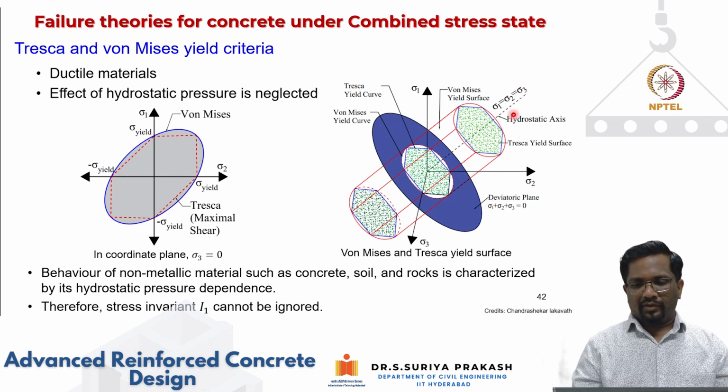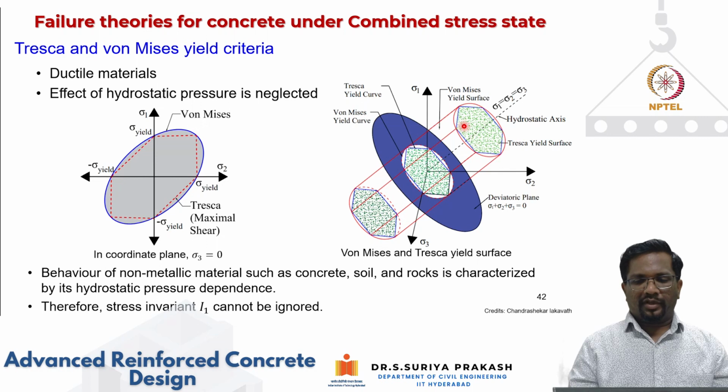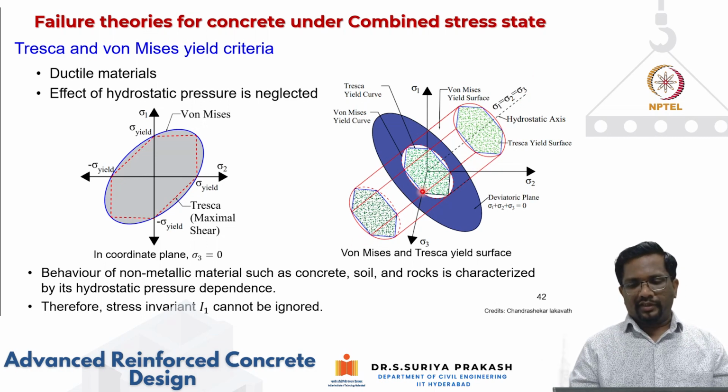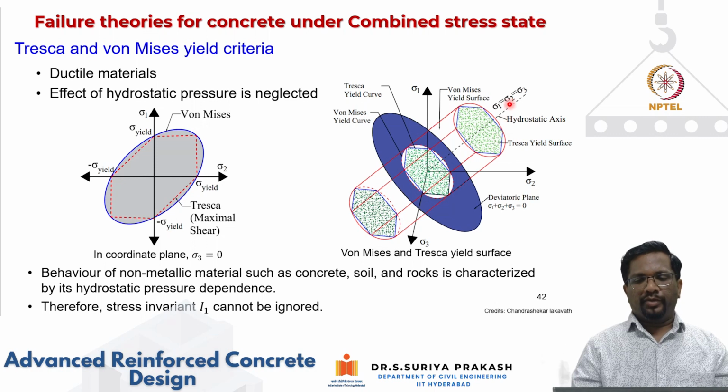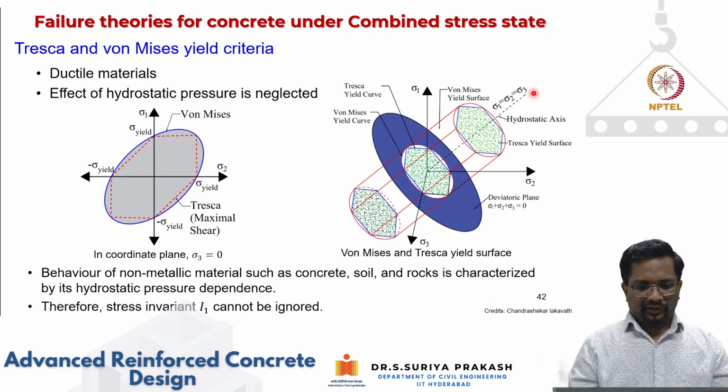Along the hydrostatic axis, the Tresca yield surface is a symmetrical hexagon, and the von Mises failure surface is a cylinder running along this hydrostatic axis. What is the hydrostatic axis? It is where sigma 1 equals sigma 2 equals sigma 3, all being principal stresses.